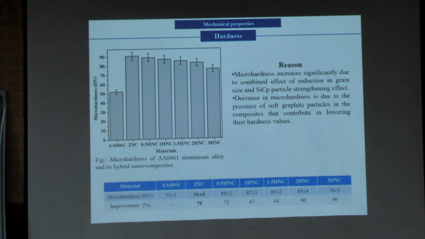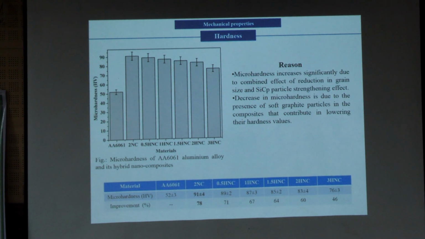Above 3% we are not able to fabricate, because after that the composite is not forming, the specimen is not good, because more agglomerations are there and there is no proper mixing of nanoparticles into the matrix. That's why we stopped at 3%.